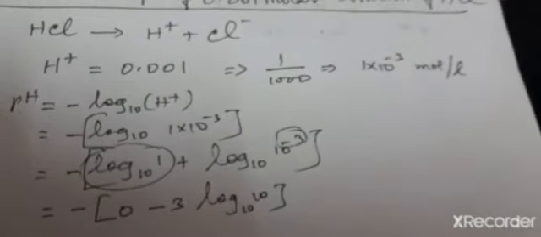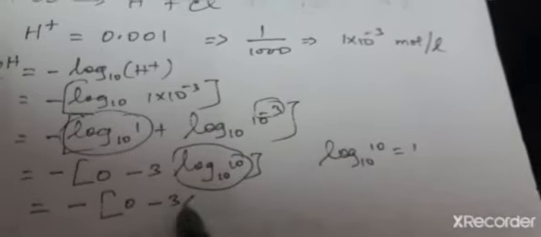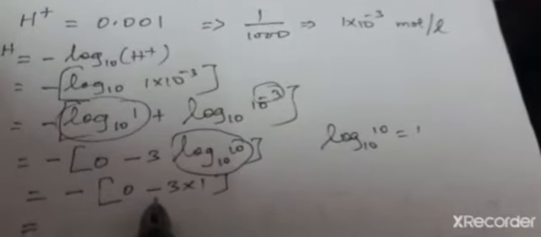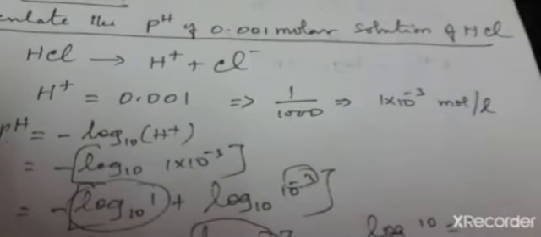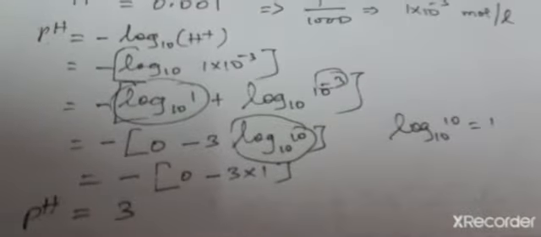The value of log 10 is equal to 1. So minus 3 into 1, minus into minus is plus, so plus 3 into 1, 3. So the pH value of the 0.01 molar solution of HCl is 3.